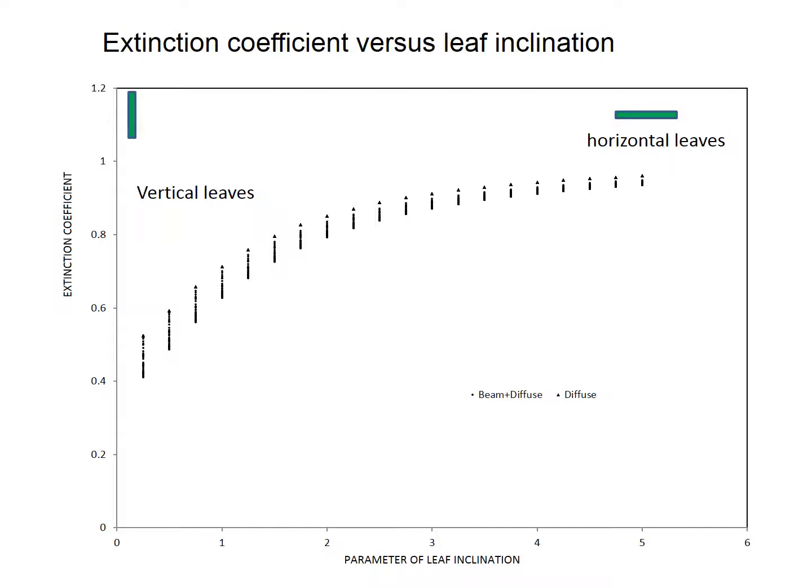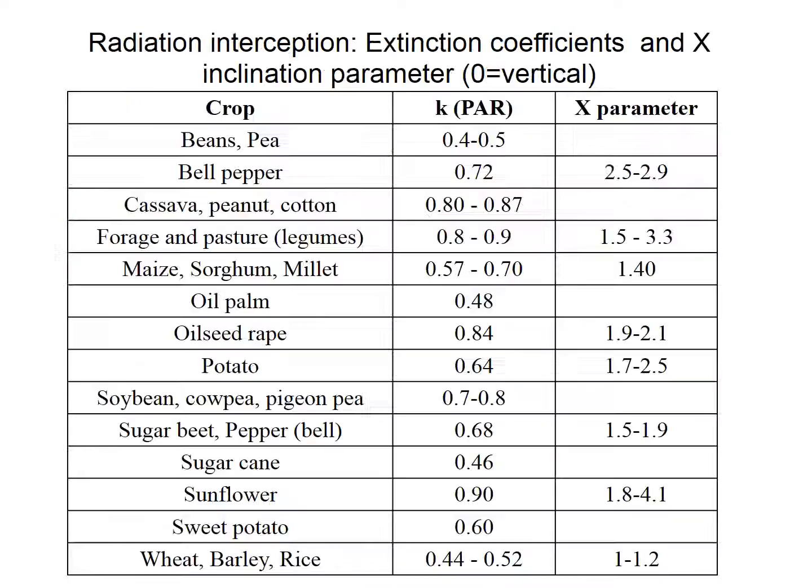We see that the extinction coefficient for vertical leaves is close to 0.4, while for horizontal leaves it is close to 1. In this table, we see values of the extinction coefficient and the inclination parameter for different crops.